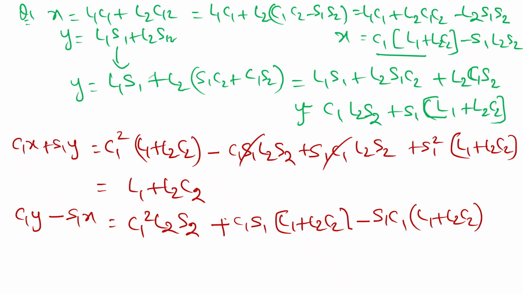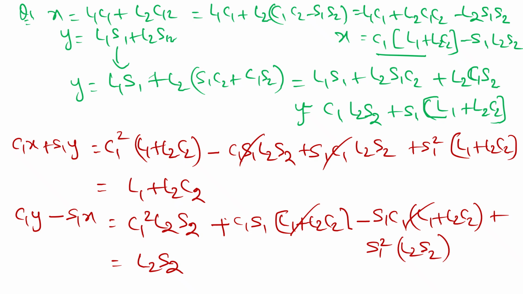Then minus minus plus S1 square L2 S2. So here you can cancel this and this. From the remaining terms, it is L2 S2, and C1 square plus S1 square is 1. So from this, we are going to derive the formula.